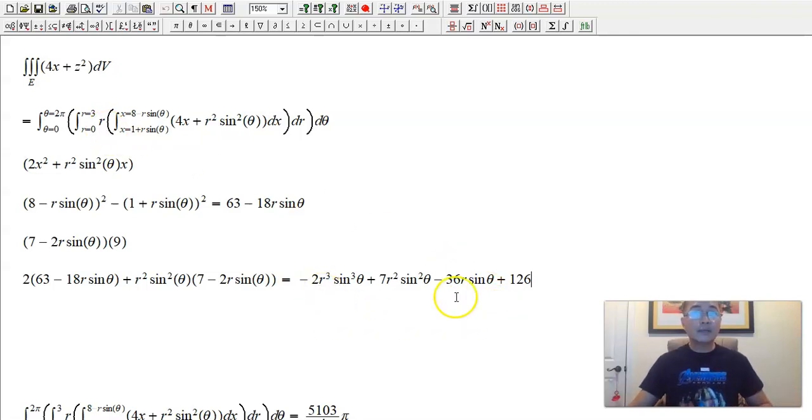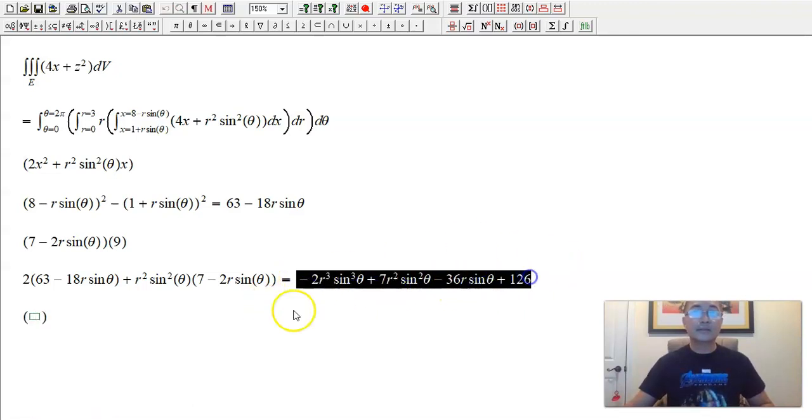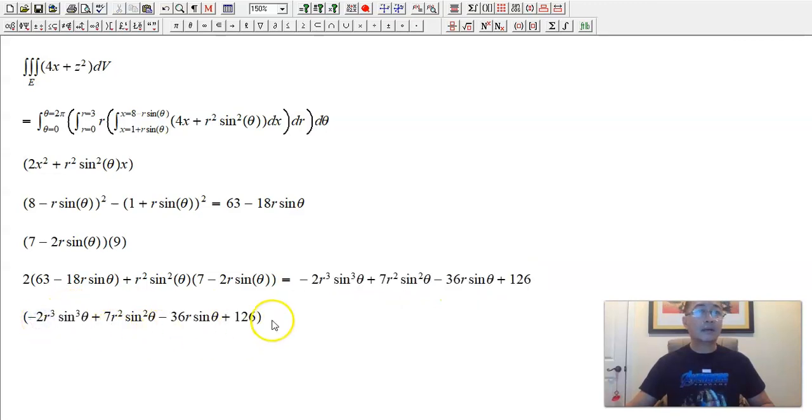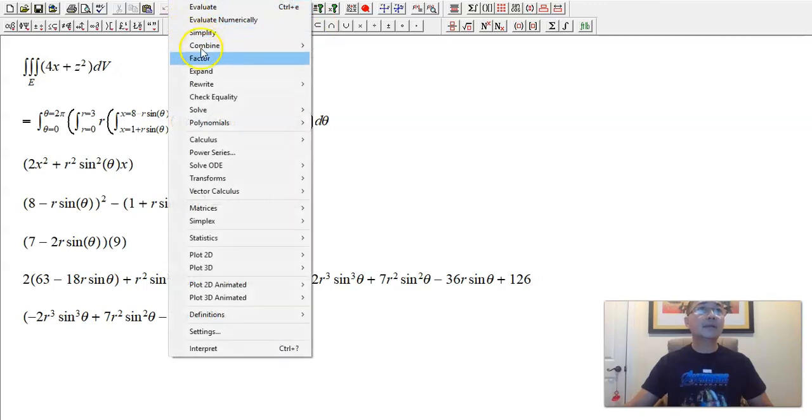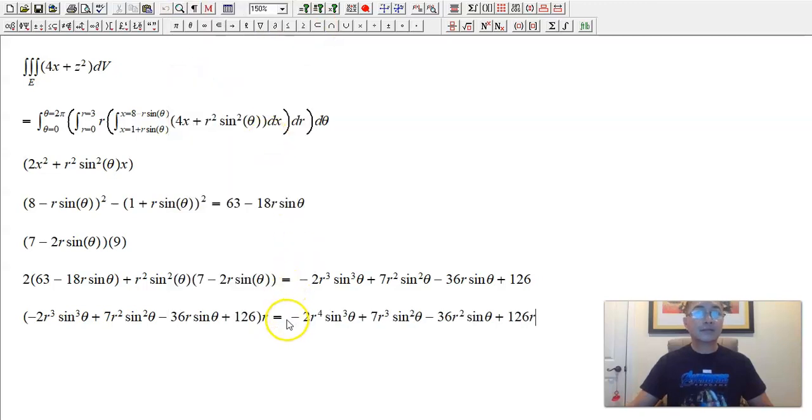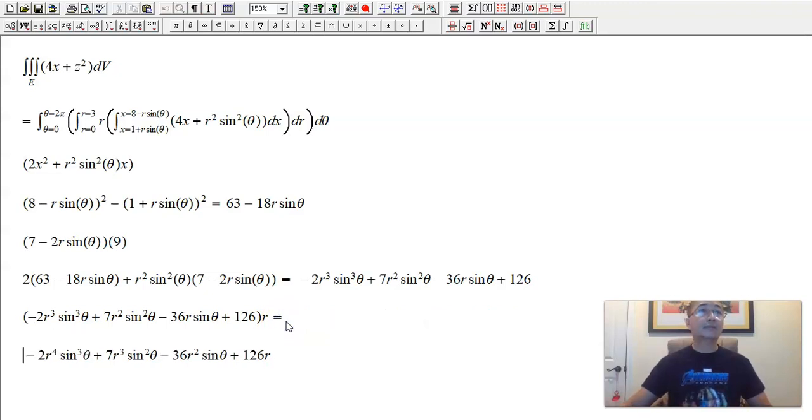So if you multiply that by r now, this, and then times r, we will get, compute, expand. Of course every term gets an extra r.